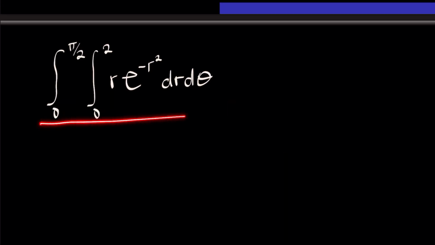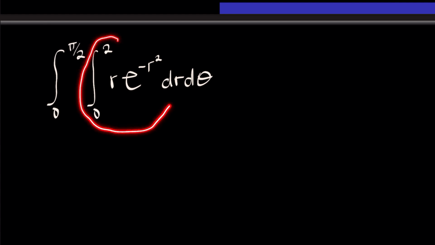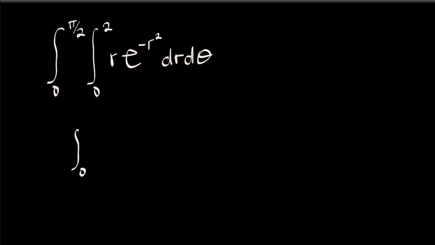To integrate this, as we did in the previous video, we take out the inner integral and integrate that one first. So we have the integral from 0 to 2 of r e to the minus r squared dr. To integrate this, we use u substitution by letting u be equal to minus r squared. This gives us minus 1/2 e to the minus r squared, with the range of integration from 0 to 2.